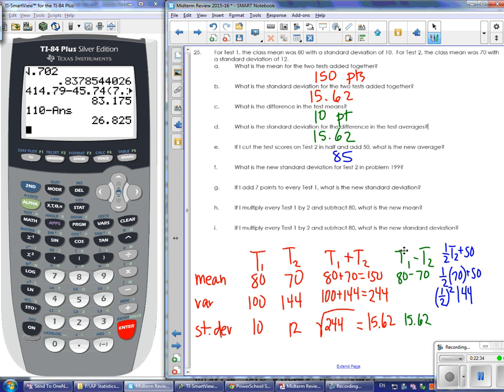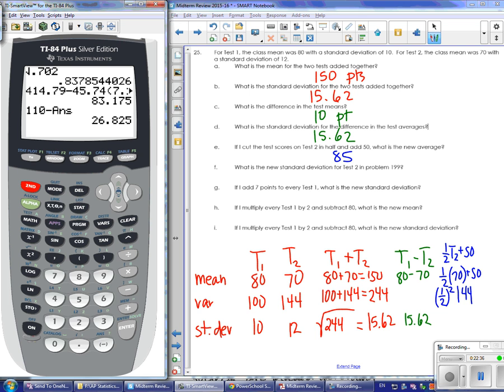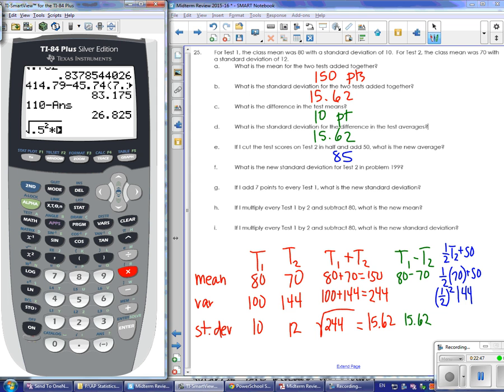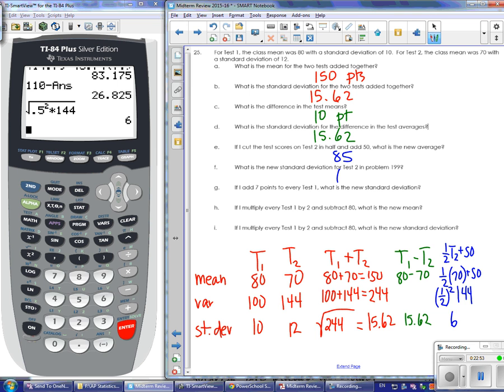So let's do that up here. If I take the square root, there's my square root. I'm going to do 1/2 squared, I'm just going to write that as 0.5 squared times 144. And that gives me a standard deviation of 6.